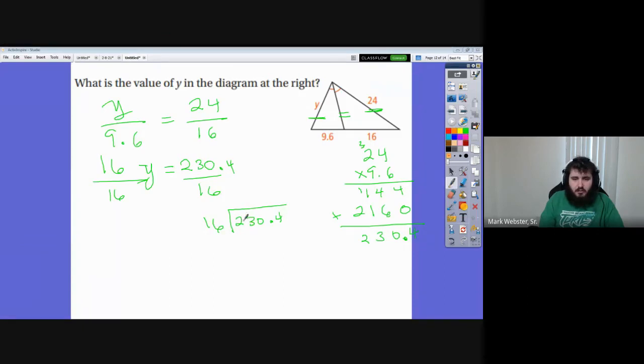Well, 16 goes into 2 no times. Goes into 23 once. Drop down the 0. Goes into 70, 16, 32, 48, 64, 4 times.